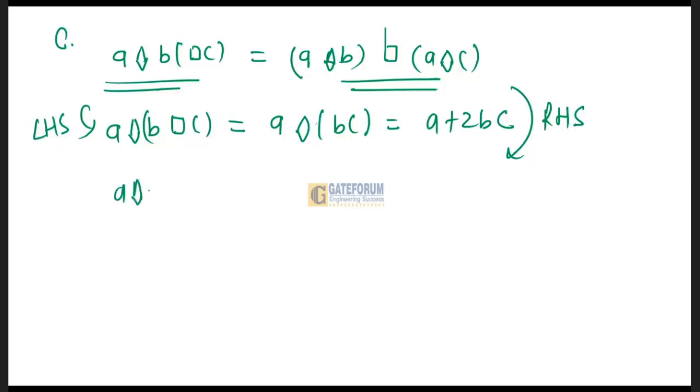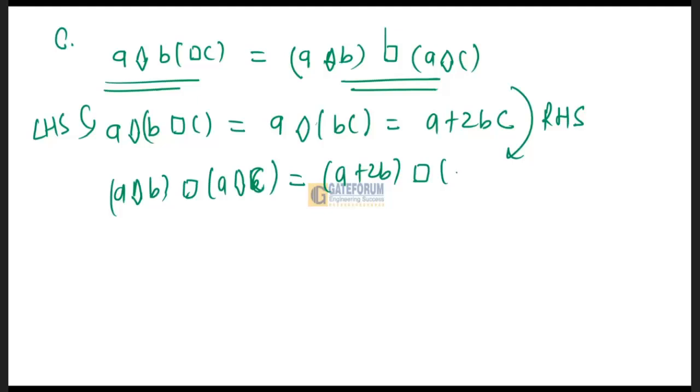A diamond B rectangle A diamond C will be equal to, following the same rule, A plus 2B rectangle A plus 2C.